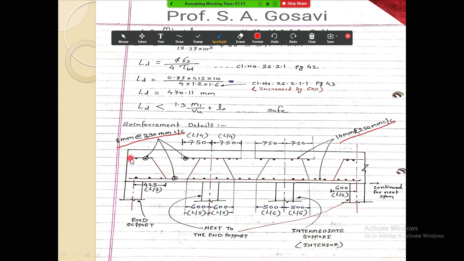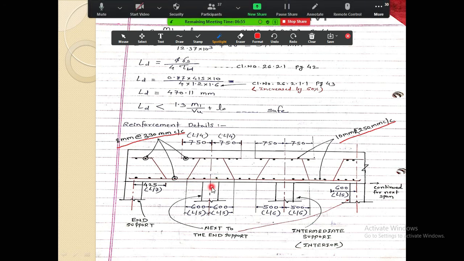So your main bar, the first main bar, will start from this point, then it will bend up at a distance of L by 7, then it will continue up to the center of this first support. Then your second bar, or otherwise I will draw. See here, the first bar will go like this, then it will bend and move further.